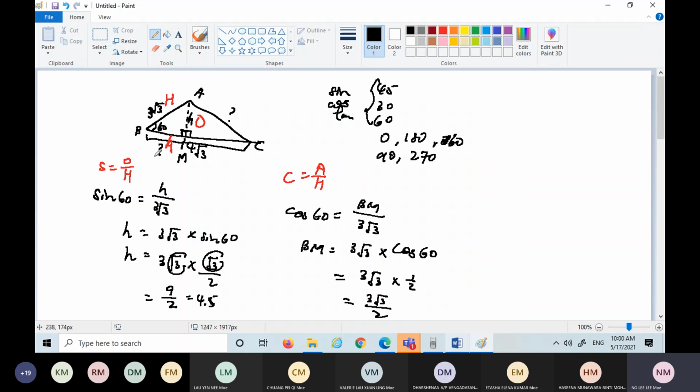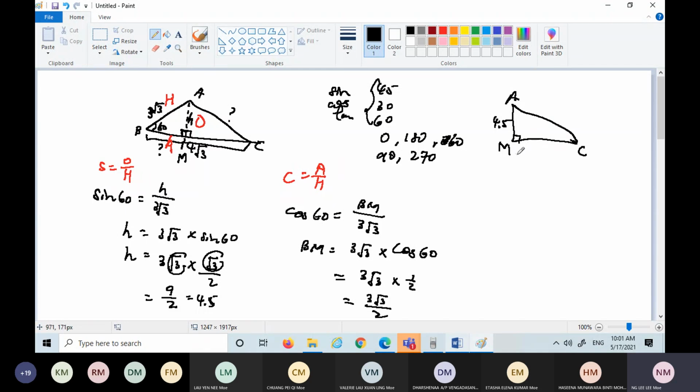Next, if I know the BM already, I want to turn to the other triangle, the AMC. I want to look at this triangle, the AMC. Here is a right angle. H, I already know this is 4.5, which is the AM.